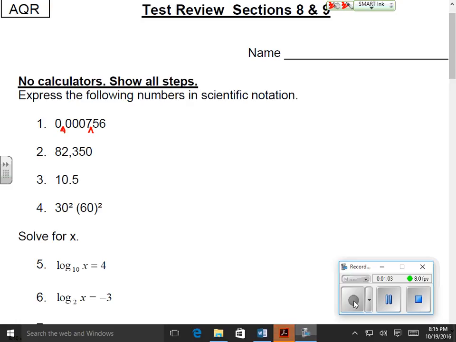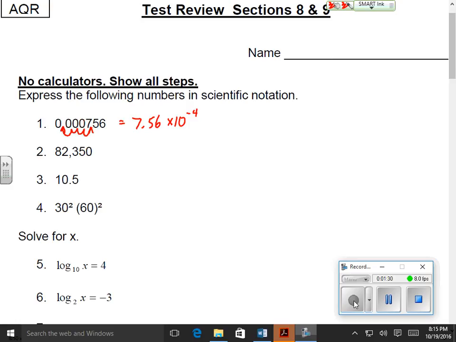So that means it's going to need to move 1, 2, 3, 4 places to the right. So in scientific notation, this will be written as 7.56 times 10 to the negative fourth. It'll be negative because the original number was very small. Because we moved the decimal to the right, it'll be negative.